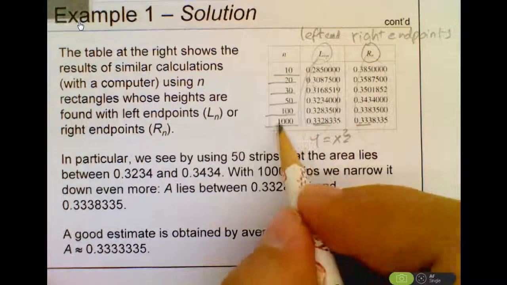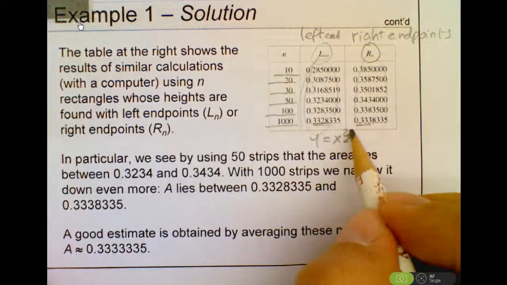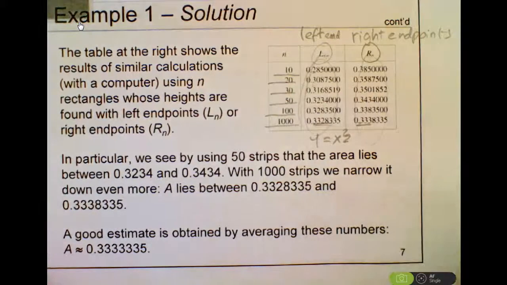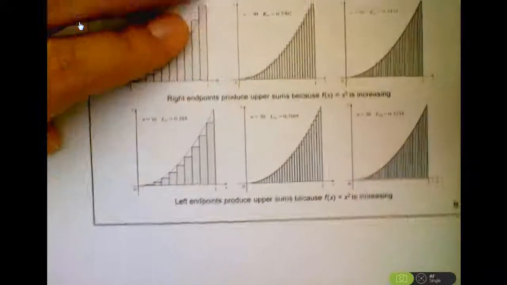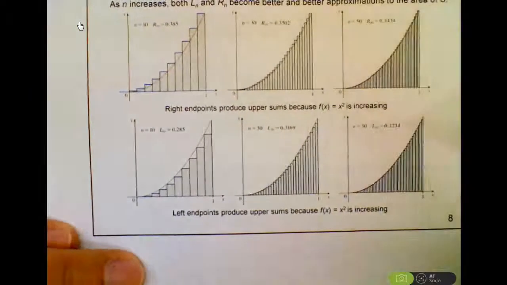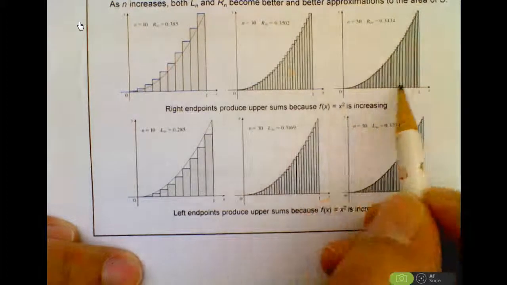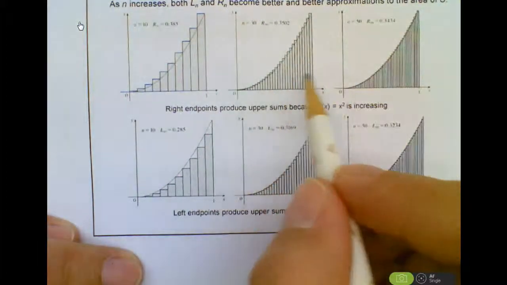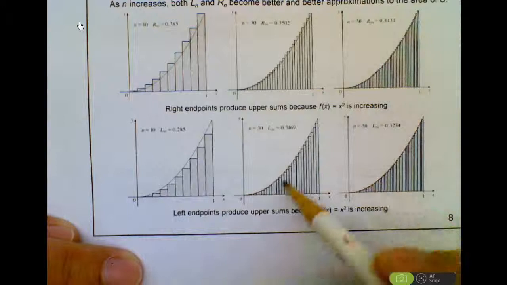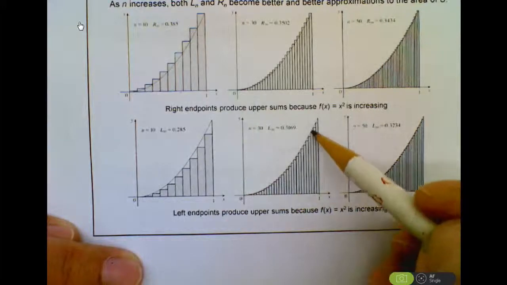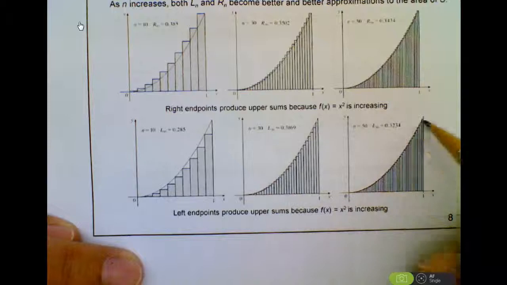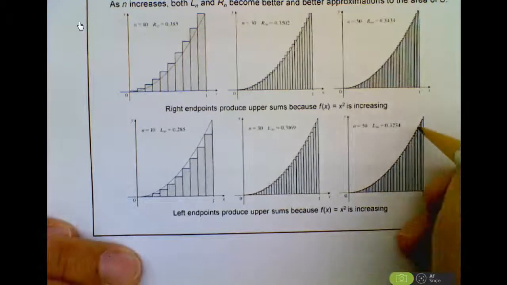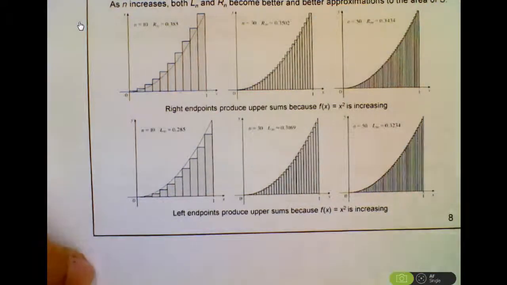So for 1,000 rectangles, if you take the average, then this will be a number that is a lot closer to the actual area than any of the other estimates. And so visually, what you're going to see is that the more rectangles that we generate, even if we're overestimating or underestimating, the area of the rectangles altogether is getting closer and closer to the actual area of the region that we're trying to find.